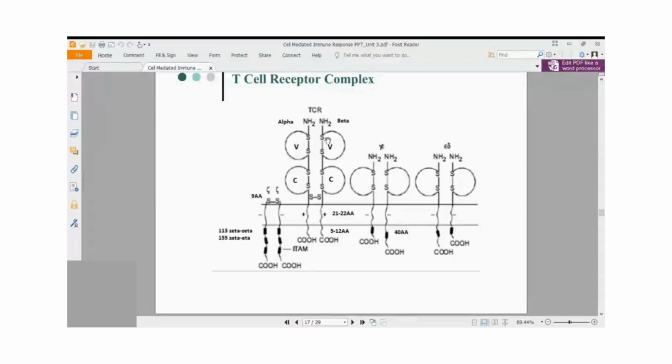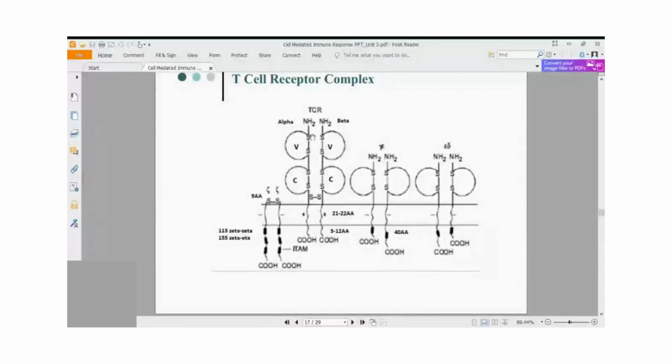Okay, so as far as CD4 T cell is concerned, the alpha beta receptor is predominant in the CD4 T cell, and the variable region domain having that variation in amino acid sequence is recombined with the constant region domain, just like in the case of antibody.